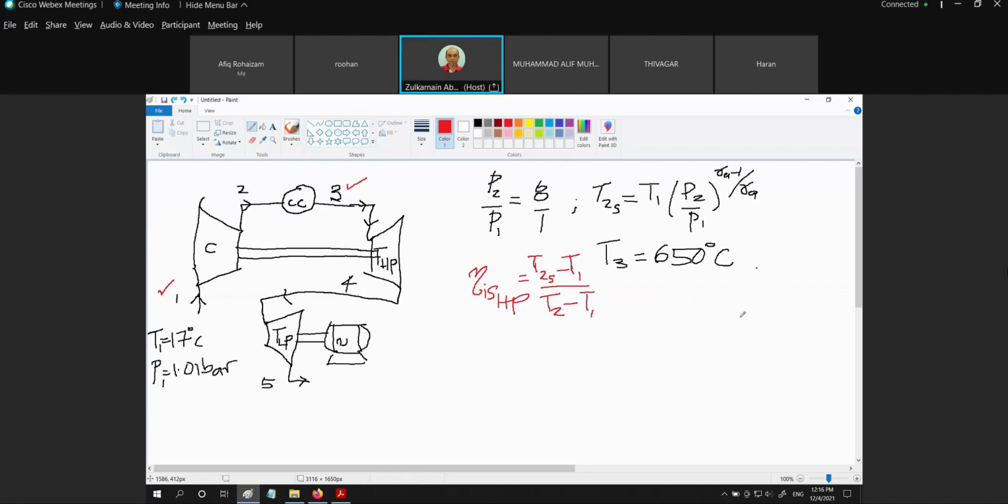Always. Okay, always. And before you sketch the TS diagram, you must make sure that your schematic diagram is correct. How to make sure the schematic diagram is correct? Read the question and then you sketch. After that, once you have completed the sketching, read the question again and make sure that, when you read it, it reflects the schematic diagram.